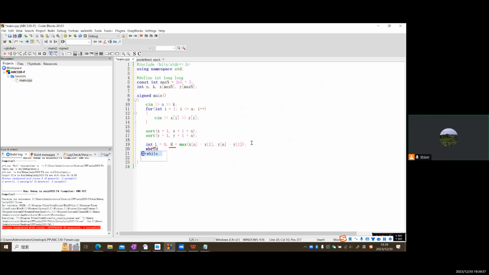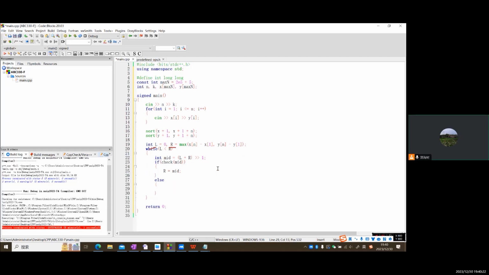While mid, if check mid succeeds, we can minimize the length.